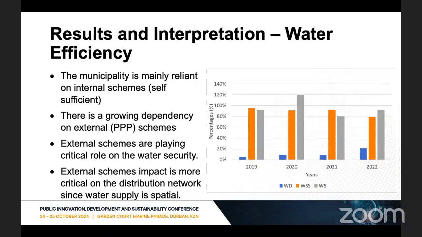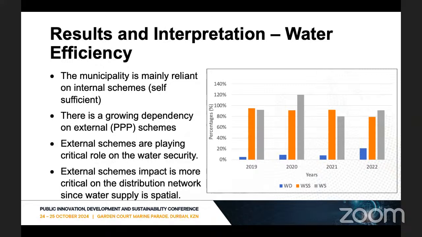The external schemes are more critical on the distribution network. I must also indicate that this is special because the water network is not an integrated system. Some of the schemes are dedicated to a particular community, so their role and impact is more critical depending on where the scheme is dedicated.